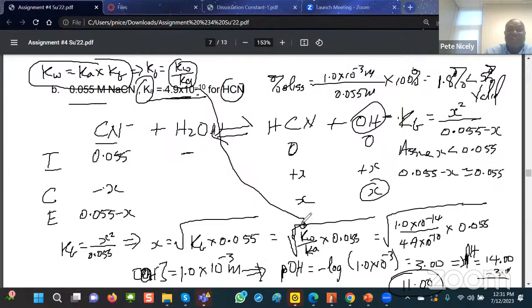So that's how we got this part right here. This here represents Kb, Kw divided by Ka, and all we have to do is the number crunching to get the concentration of OH minus, then the pOH, which is 3.00, and then the pH, which is 11.00.